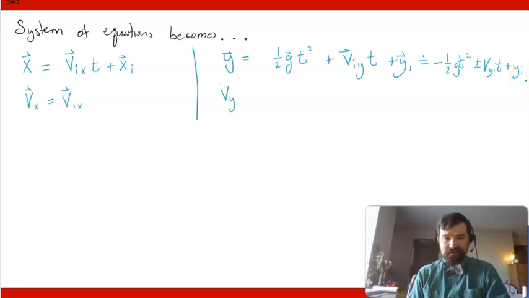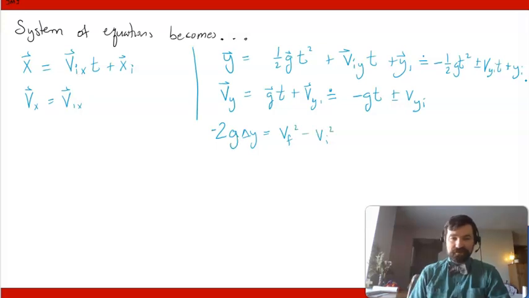V sub y, again, is g times t plus vy initial. So that would be represented as essentially negative g times time plus, or possibly minus, but typically plus vy initial. And then you can write something like negative 2a times delta y, v final squared minus v initial squared.